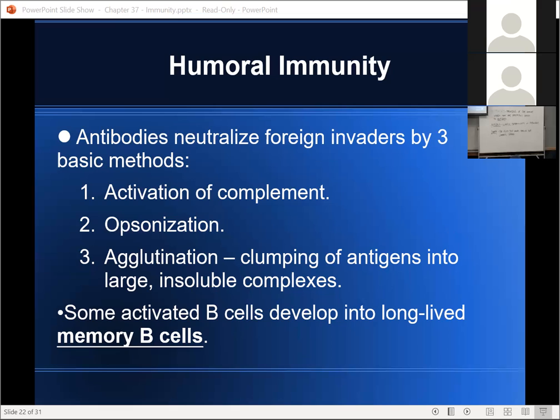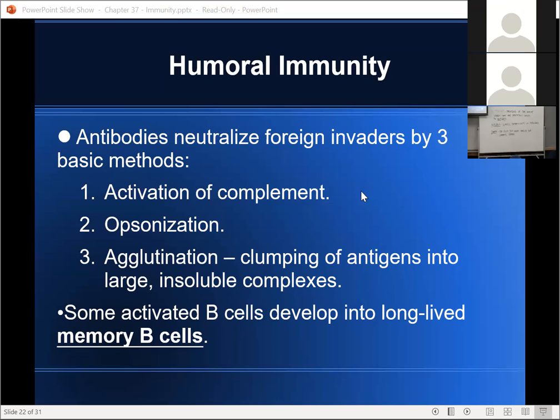In other words, after antibodies bind to the antigens on the surface of a bacteria, then complement is going to bind to those antibodies and become activated. Now, this can initiate the complement cascade, and that's going to form those pores. In other words, it's going to punch holes in the bacteria, and again, kill the bacteria by punching a lot of holes in it.